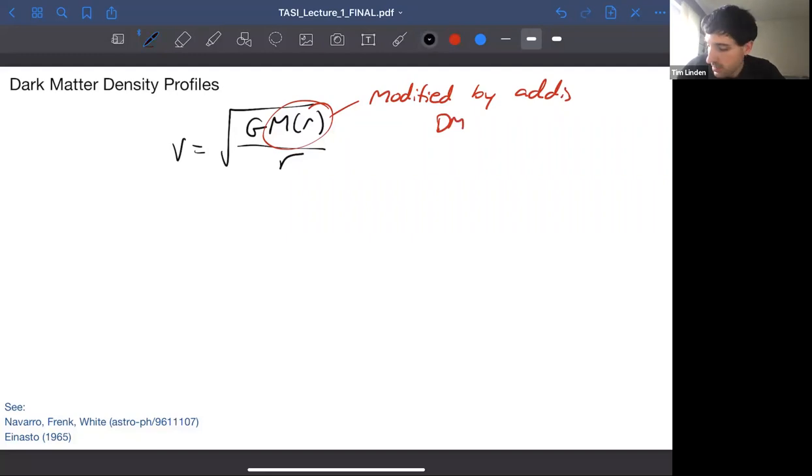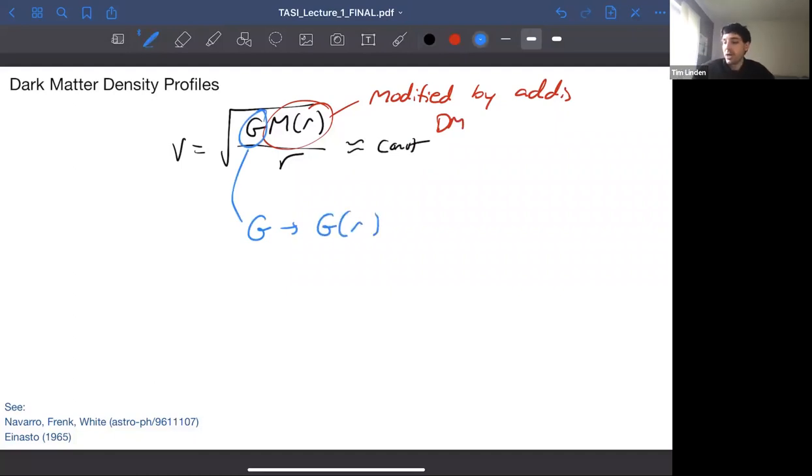And what they do, we said that this is around constant before. That's the observation that you can't get away with. What MOND does is it takes G and sends it to some effective G of R, where now the gravitational constant, the force between two objects, is not the normal 1 over R squared relationship.